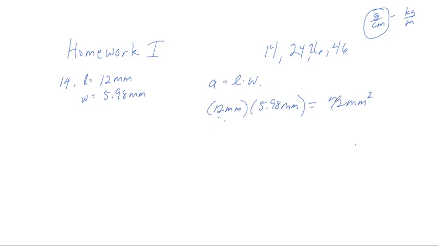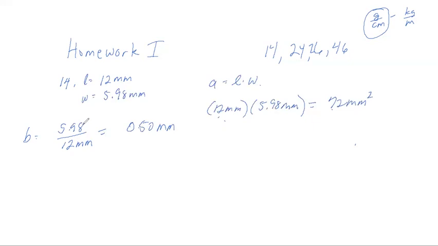All right, finally, that's A. B is going to ask me for the ratio of the rectangle's width to the length. So that's 5.98 to 12 millimeters, and that's going to be 0.50.